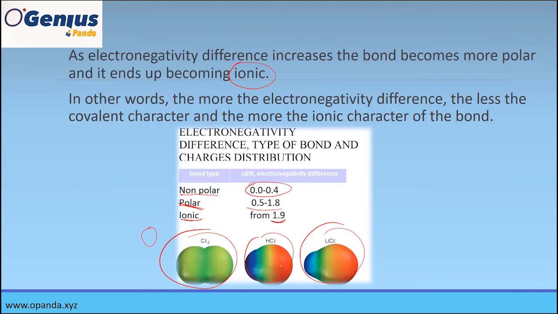So we have the negative charges condensed on the side of chlorine, while it's less on the side of hydrogen. It's the same with lithium chloride, which is an ionic compound with some covalent character, of course, but you can see the charges are condensed on one side, and on the other side, it's totally different.